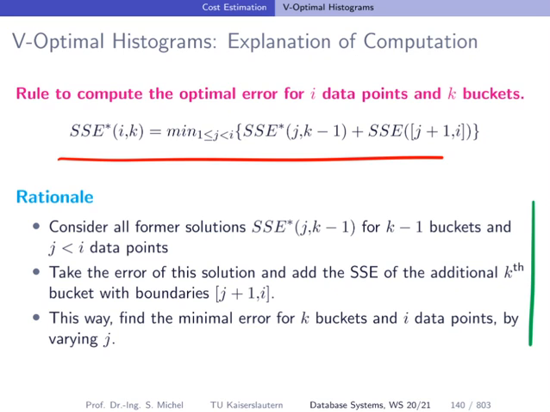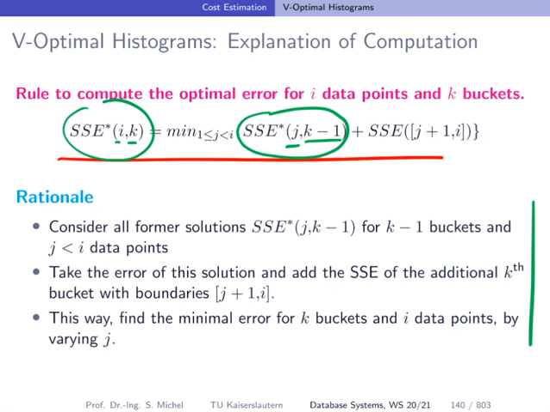The computation of SSE star is based on formal solutions, because you're incrementally creating more and more solutions for the best possible SSE for these parameters i and k. And here we see i and k, and SSE star of i and k is based on previously computed smaller solutions. So j is smaller than i, and k minus 1 is obviously also smaller than k.